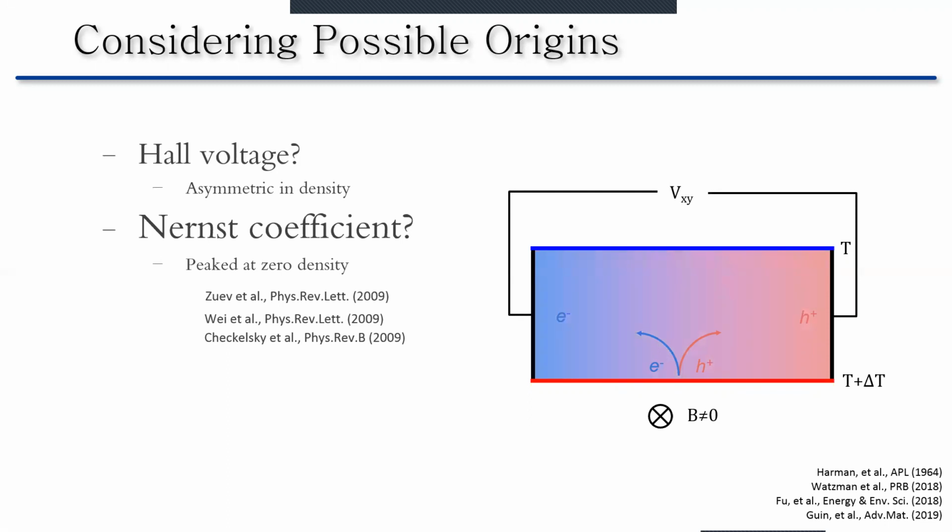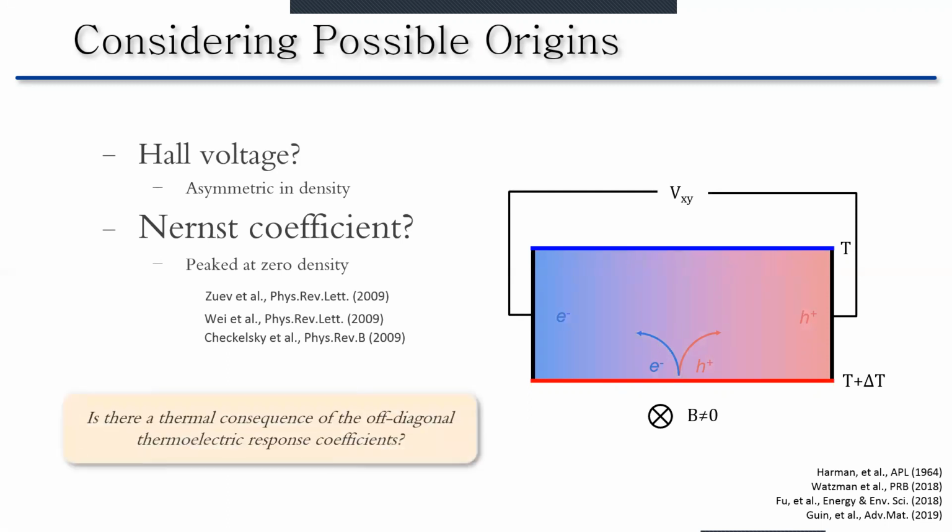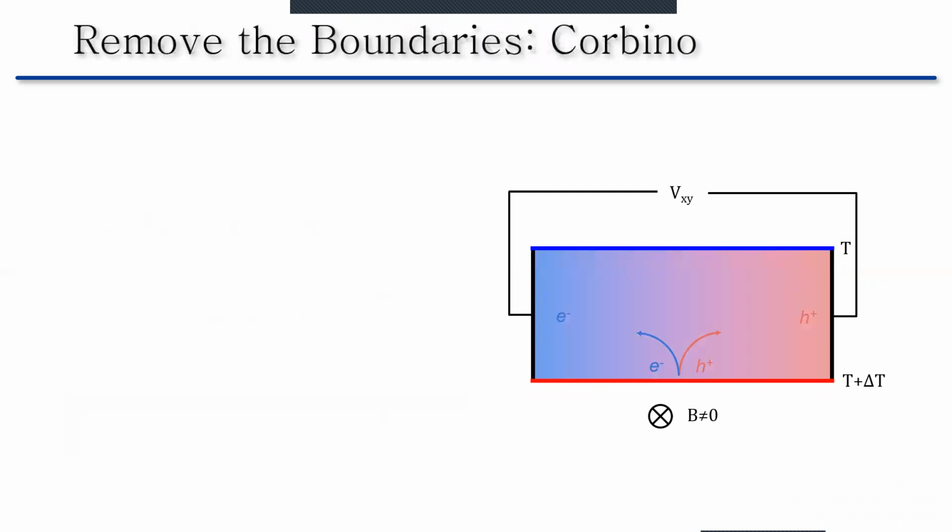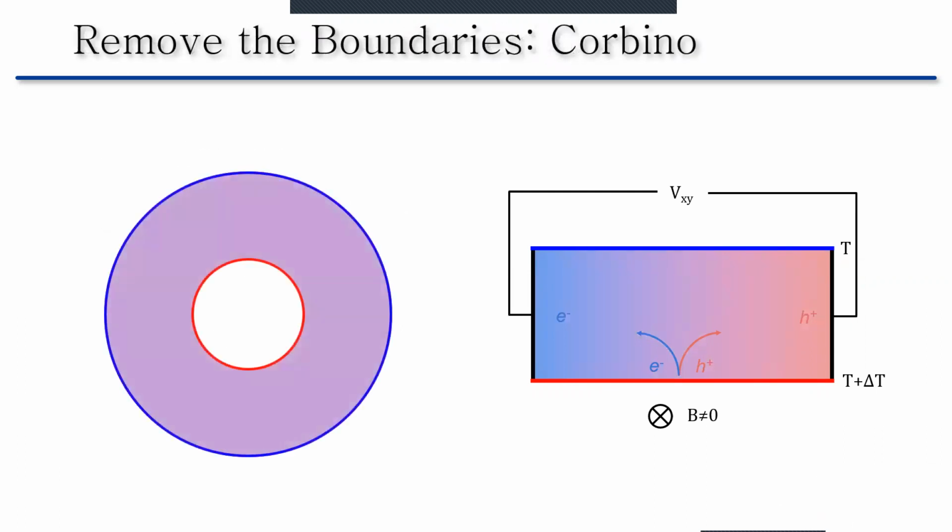So the question that we had is, is there a thermal consequence of these off-diagonal responses in a magnetic field? And there is a very sharp way to check that, which is get rid of the boundaries, right? So we can use a Corbino geometry where we have a hot end and a cold end, let's say, but there is no lateral geometry.